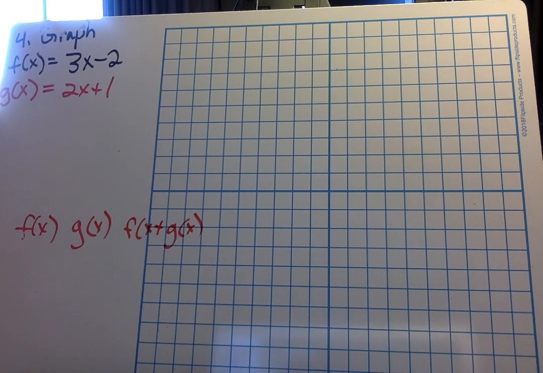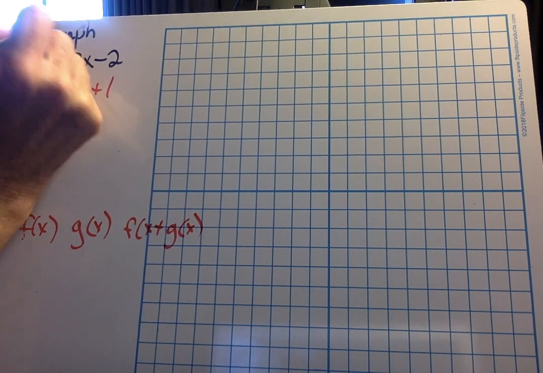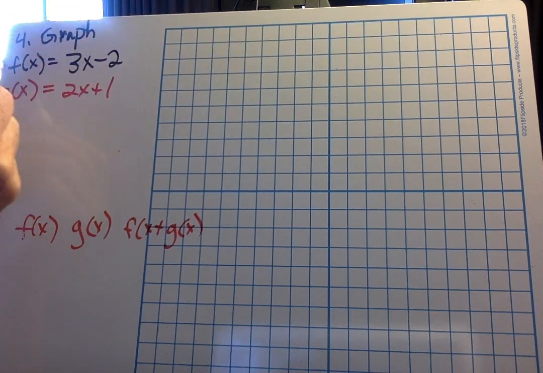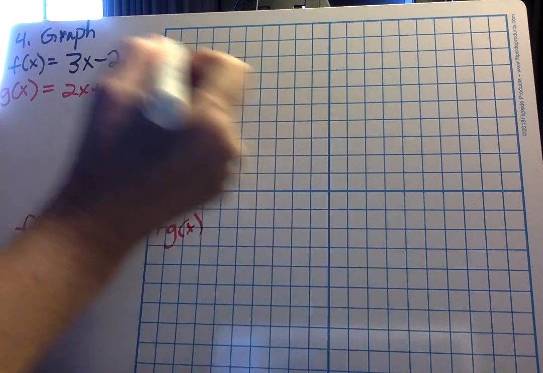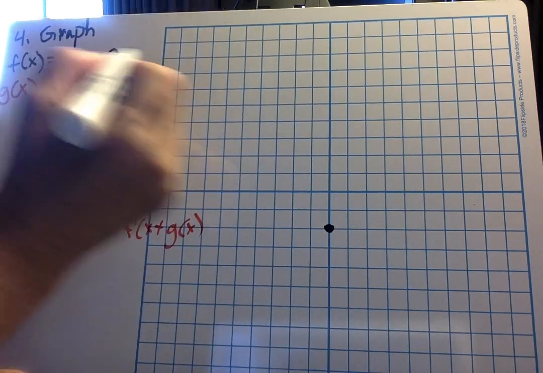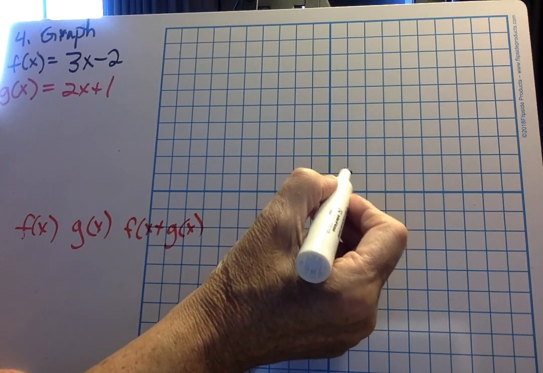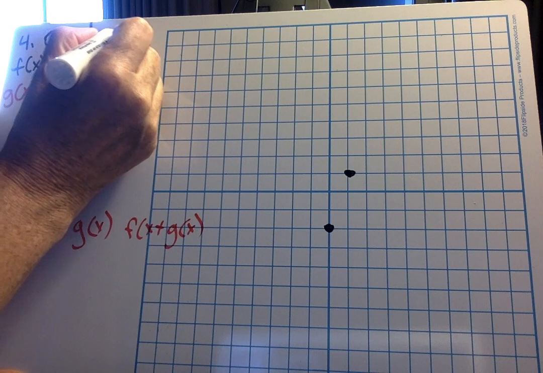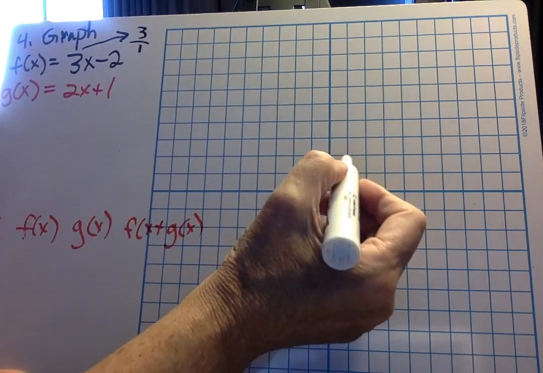It says number 4, graph 3x minus 2 and 2x plus 1. And so first we're going to do f of x. We're going to start at negative 2, and we're going to rise 3 and 1 run. Remember, 3 over 1 is the same as 3, so that helps with our slope, rise over run.